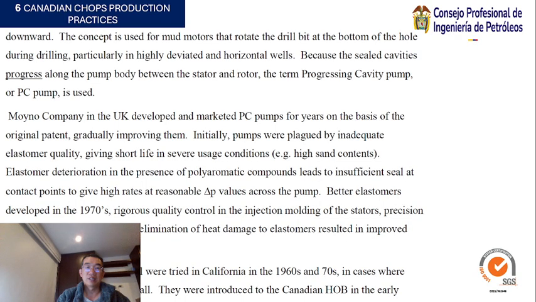Moineau company in the UK developed and marketed the PC pump for years on the basis of the original patent, gradually improving them. Initially, pumps were plagued by inadequate elastomer quality, giving short life in several usage conditions.